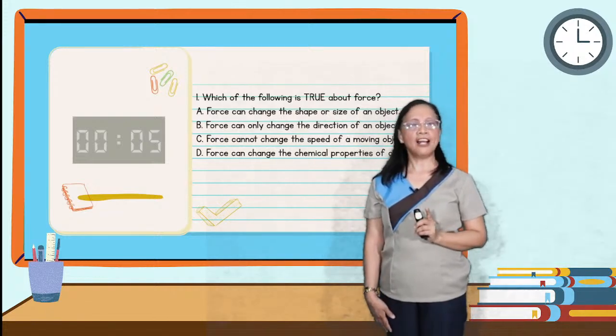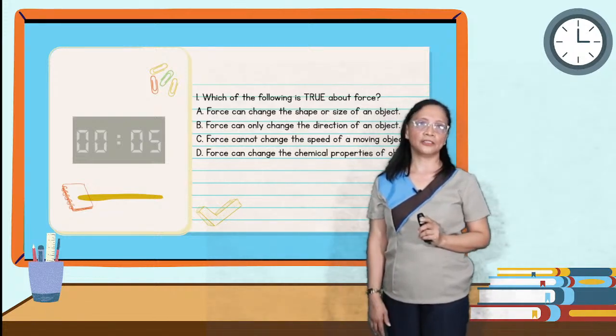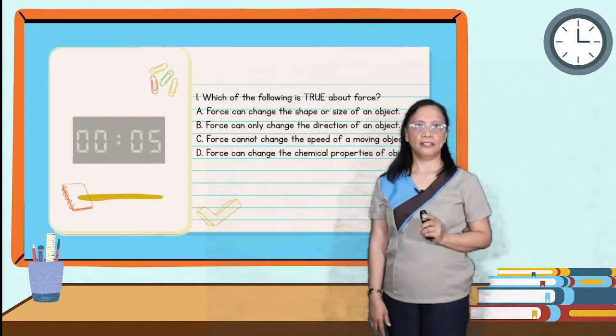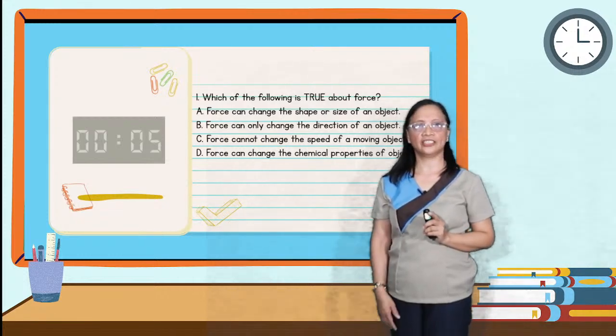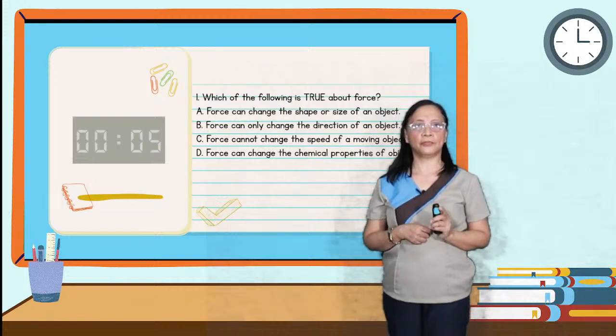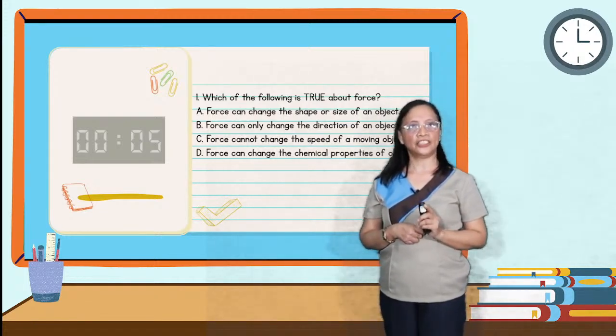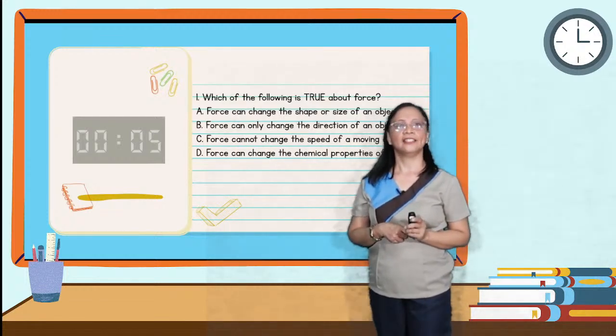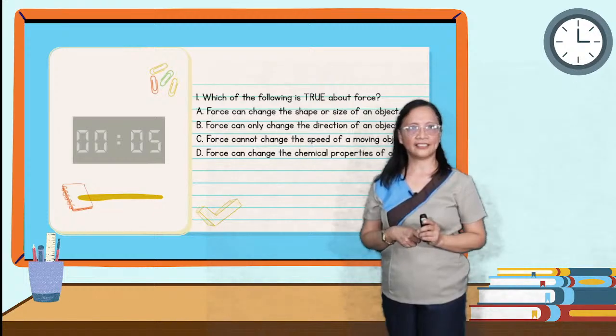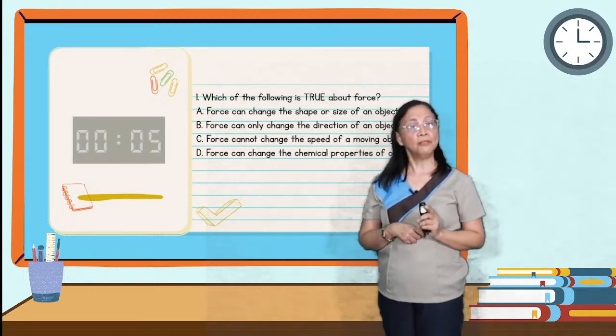1. Which of the following is true about force? A. Force can change the size or shape of an object. B. Force can only change the direction of an object. C. Force cannot change the speed of a moving object.